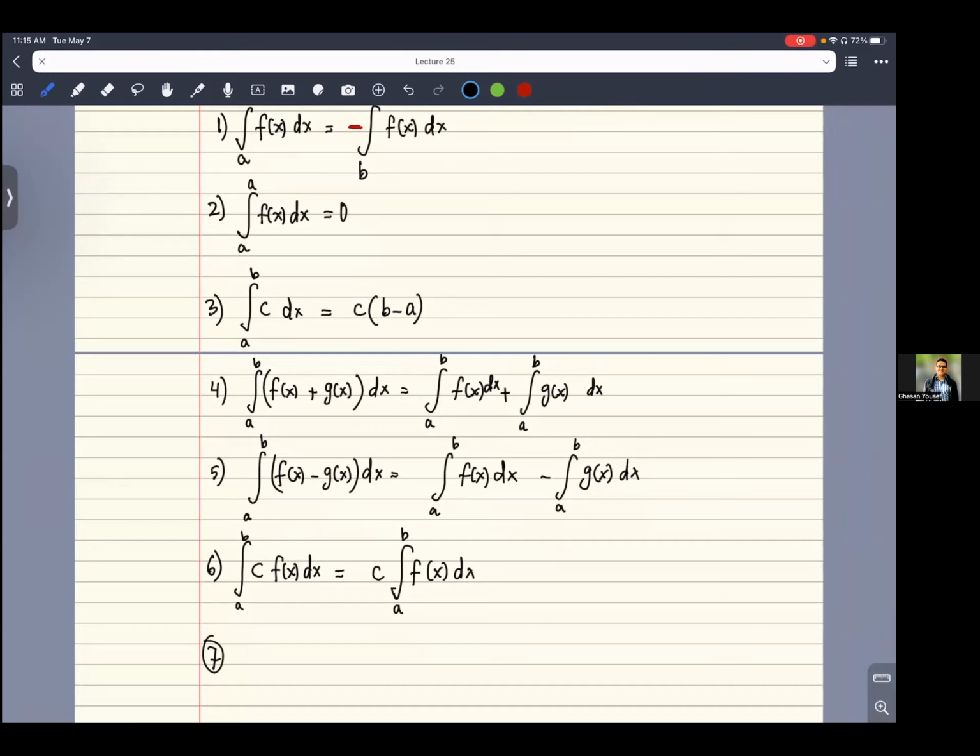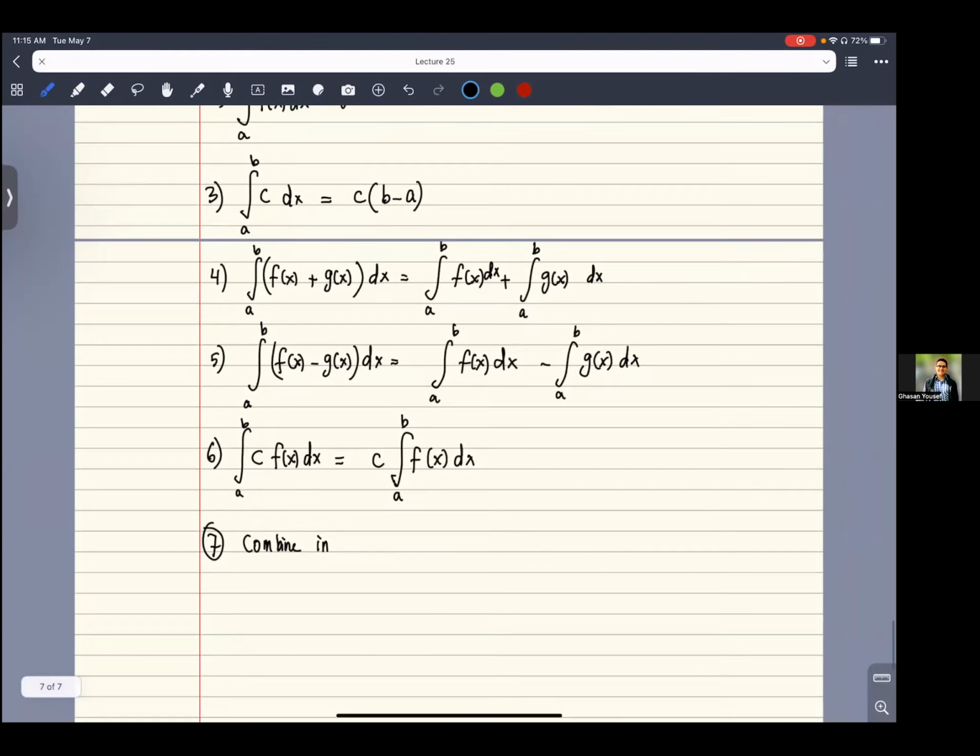Also, number 7, you should know the combined integral of the same function over an interval. It is the same as the integral from a to c for the function f of x, dx, plus the integral from c to b for the function f of x, dx, which is the same as the integral from a to b for the function f of x, dx.